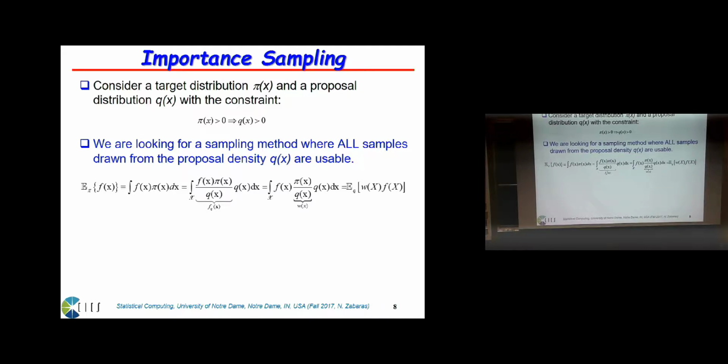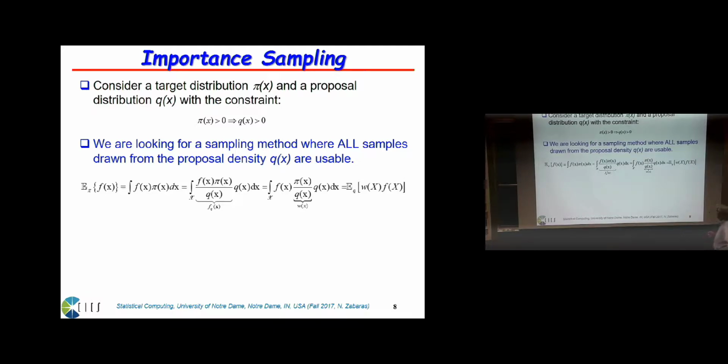So what I do is, inside the integral, I multiply and divide by q. So suddenly, by looking at this new function that I call f subscript q, I make this the expectation of f subscript q under the distribution q. You see that? So suddenly, from having an expectation with pi, now it's an expectation with q, where q is my proposal distribution.